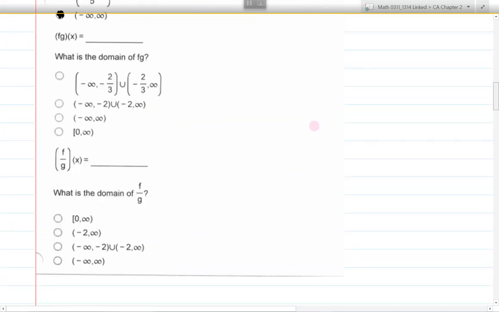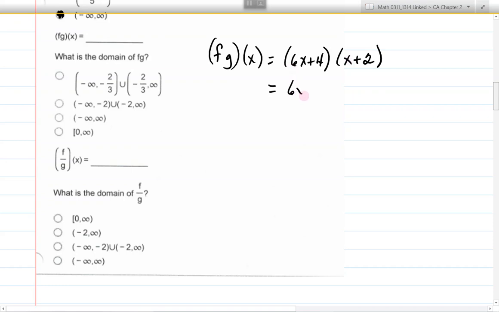The product, fg of x, is the f function times the g function, and the kind of multiplication I'll use in this example is FOIL. Product of the first is 6x squared. The outer product is 12x.